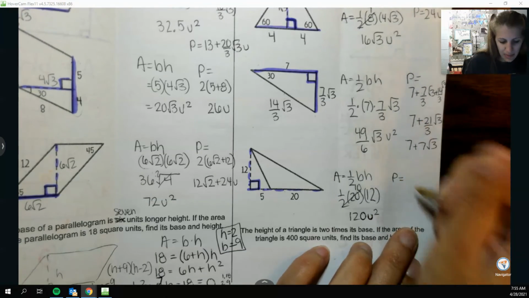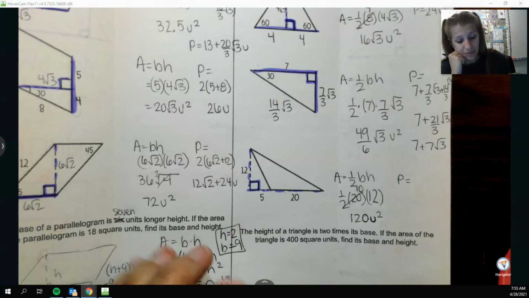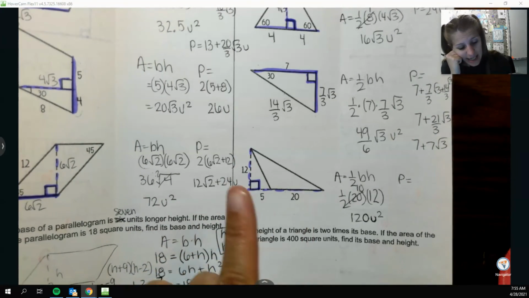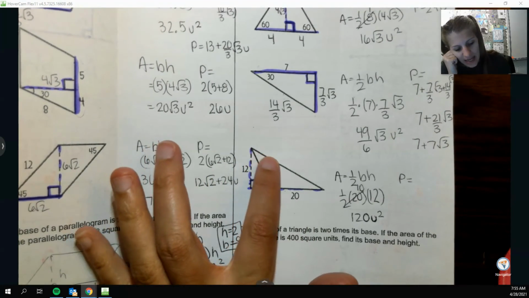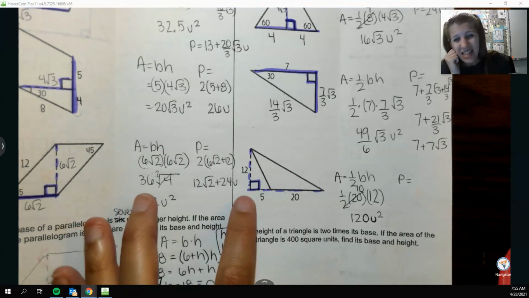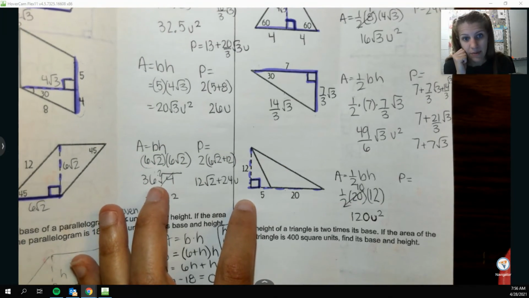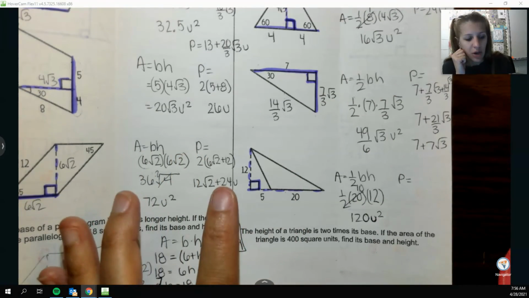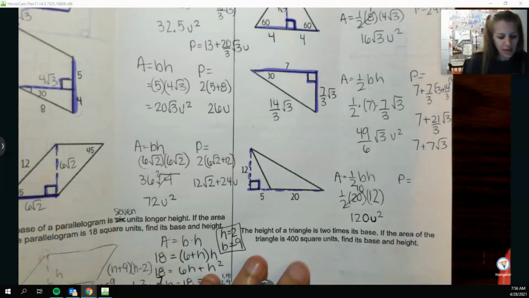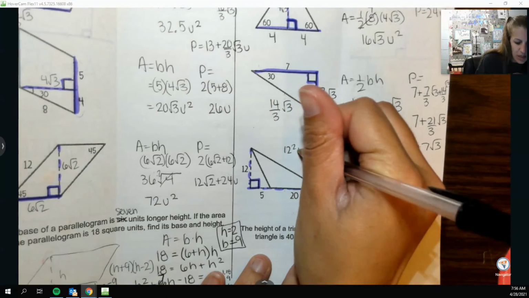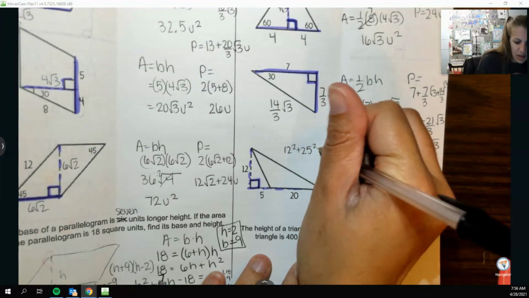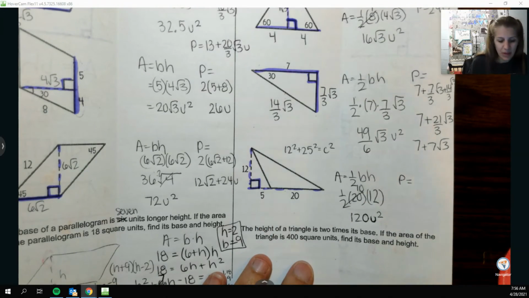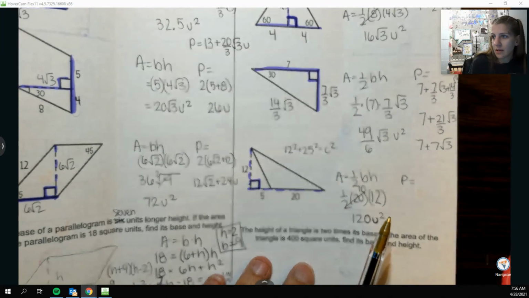And then when I go to find the perimeter, the reason I needed that right triangle out there is now if I want to find this side length, I do need the 25 because I can use the right triangle to find this hypotenuse. So if I do 12 squared plus 25 squared equals the hypotenuse squared, I can get that length right there.